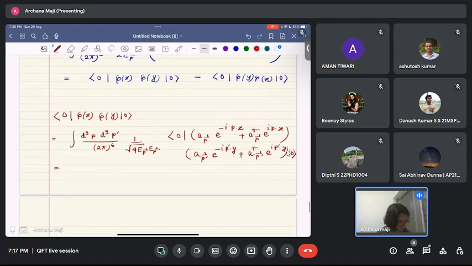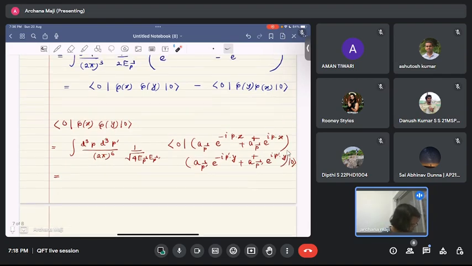You can see that when this A dagger operator hits this 0 ket on its left, that gets annihilated. Likewise, when the A operator acts on the 0 ket, it gets annihilated. So the only contribution that we get is when this operator multiplies this particular operator. All other terms will be 0.